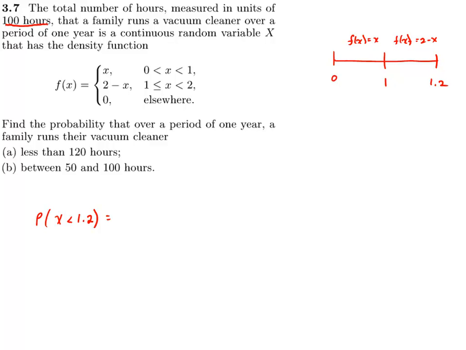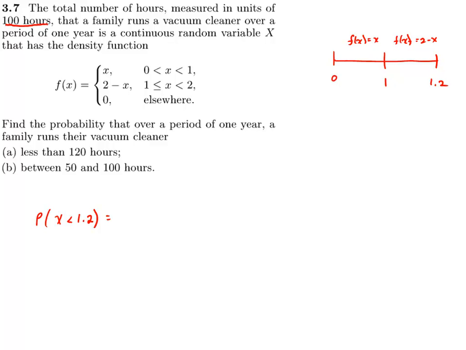That's what you need to know. From 0 to 1 it is linear, but at this point there's a change in the shape of the function, so your integration needs to take into account those changes.